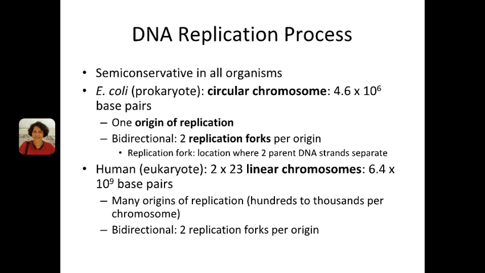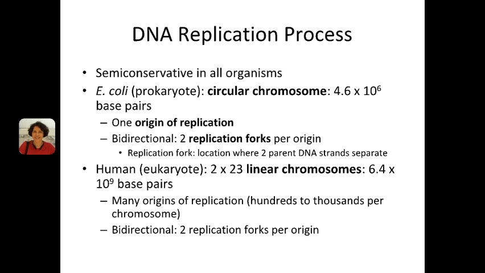So the problem is solved by eukaryotes by having many origins of replication for each chromosome. Some chromosomes even have thousands of origins of replication. That means that replication is going to be starting simultaneously at a lot of locations, and that is going to make the process go much faster.